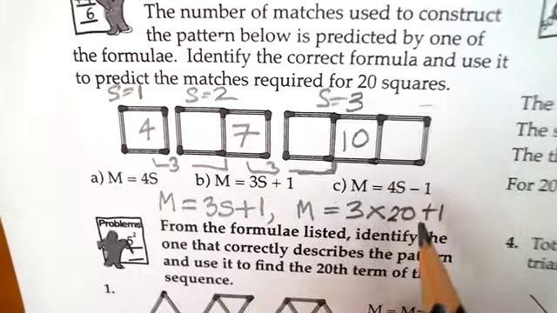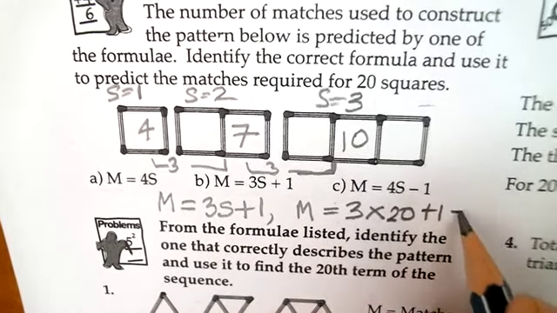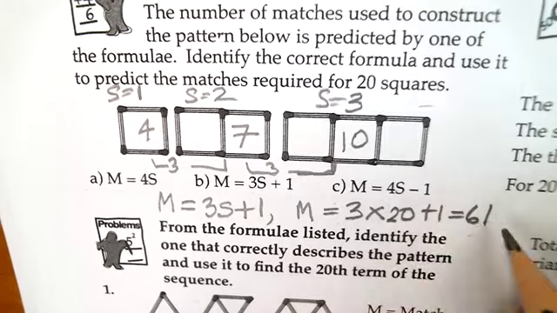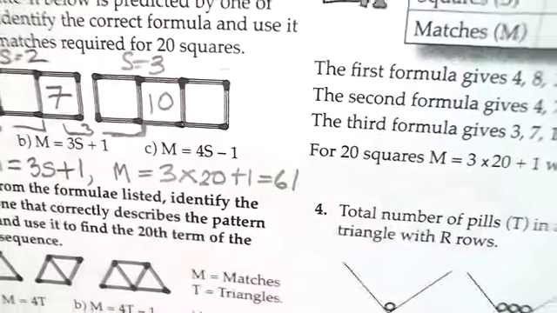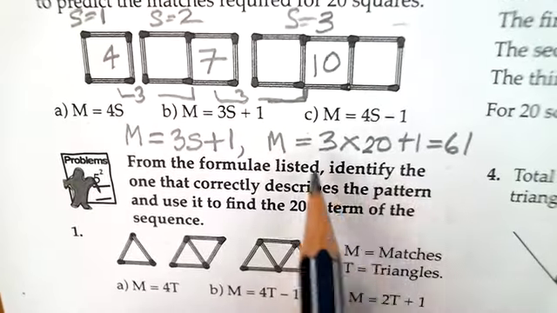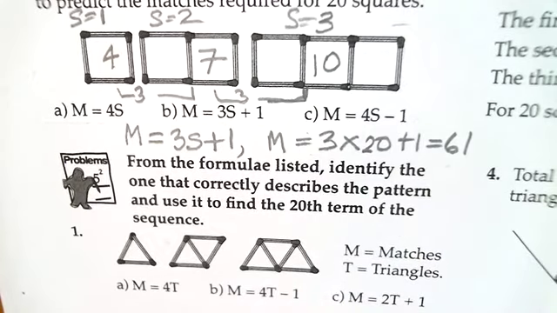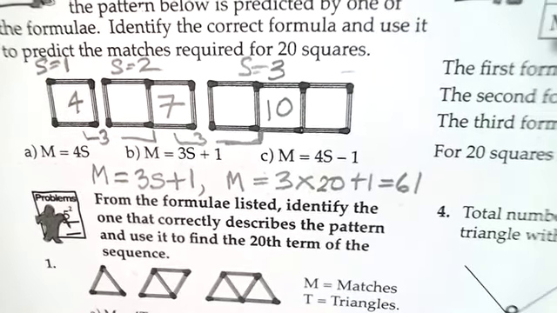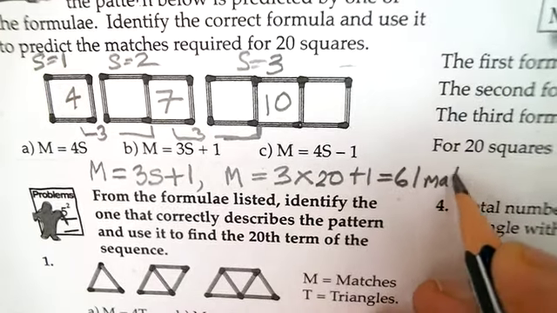And 3 times 20 is 60, plus 1 is 61. And the answer is going to be 61. I'm running out of room here, and I don't want to write across here because I'm going to go into the next question. But the answer would be m is equal to 61 matches. Yeah, in fact, I will write it in because otherwise I'm going to get it wrong. Matches.